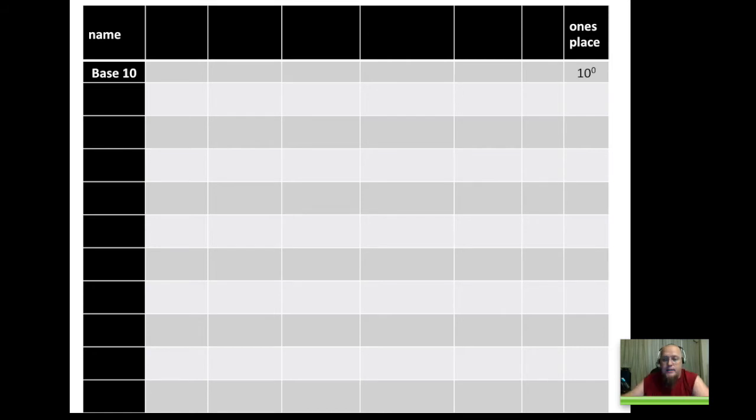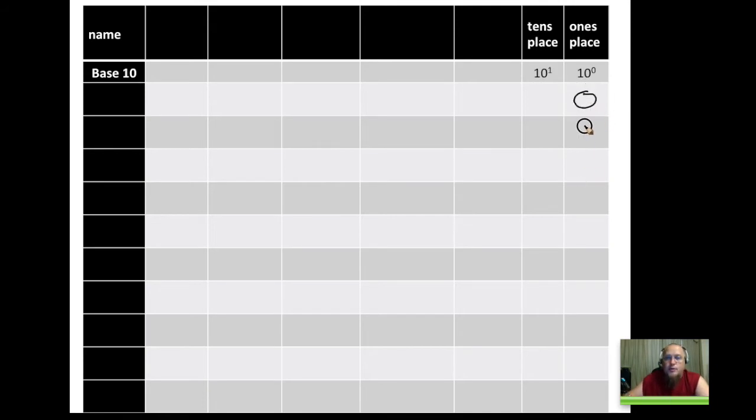And so we have named conventions, and this is going to be the ones place. And we learned from the base 10 that this column is the 10 to the 0 column, right? And of course, the lowest number that we have in that column is going to be a 0. Well, that's what we start off with.